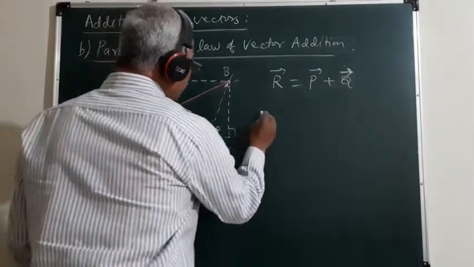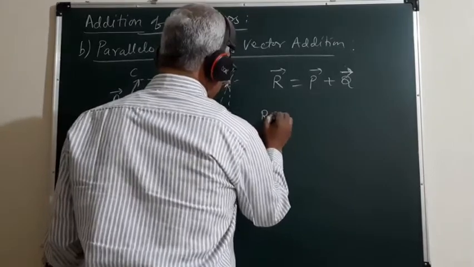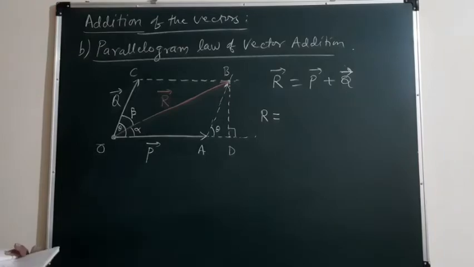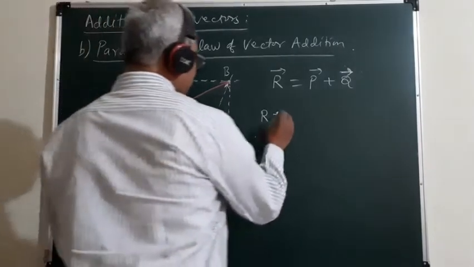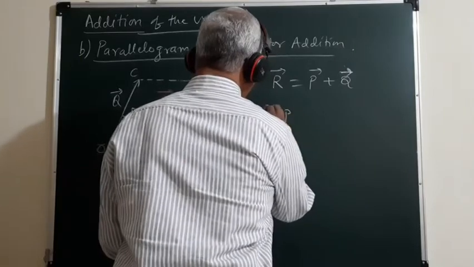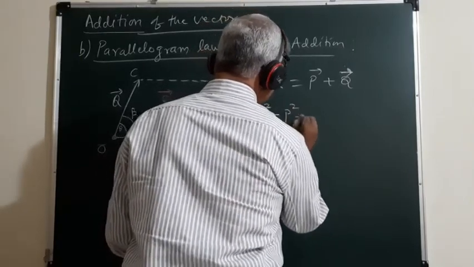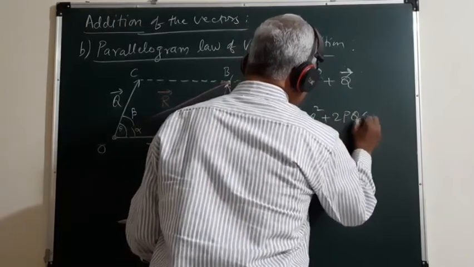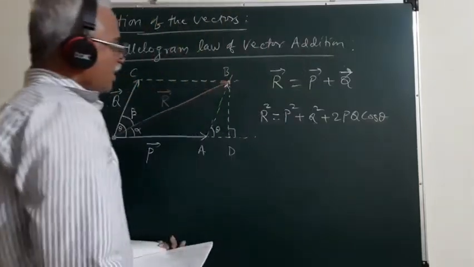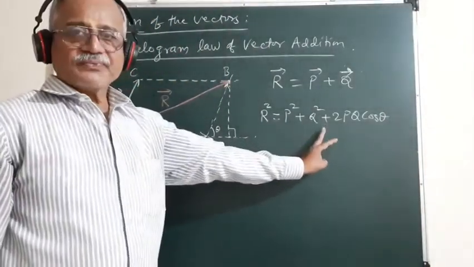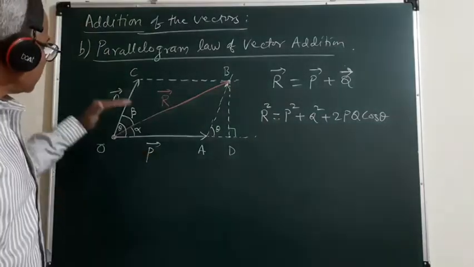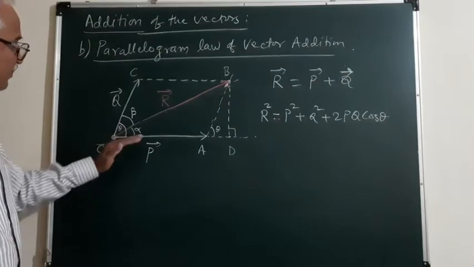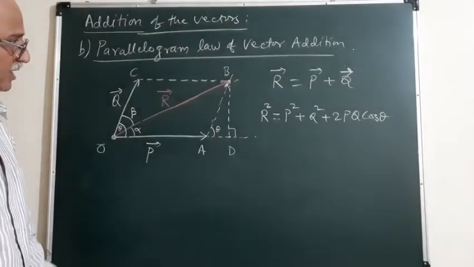The magnitude of this resultant vector representing the sum of the two given vectors is expressed as R square is equal to P square plus Q square plus twice P Q cos theta, where P and Q are the magnitudes of the vectors P bar and Q bar, and theta is the angle between the two given vectors P bar and Q bar.